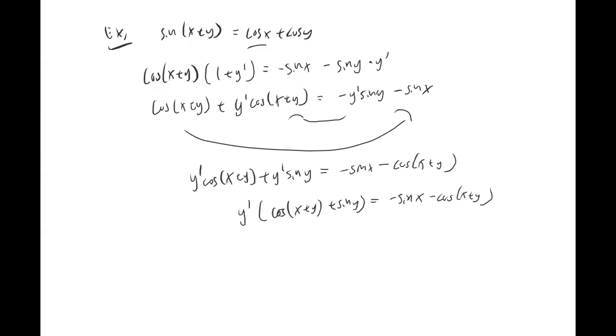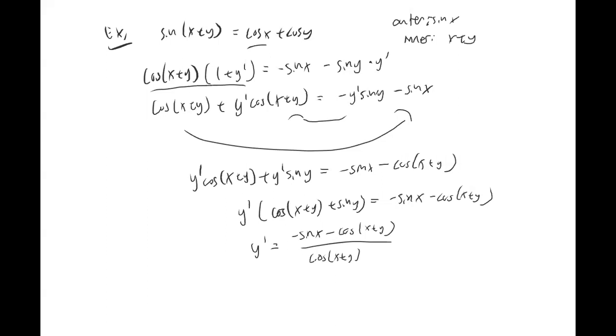I did chain rule. This is the chain rule. My outer is sine, my inner is x plus y. Okay. And then y prime is negative sine x minus cosine of x plus y over this.